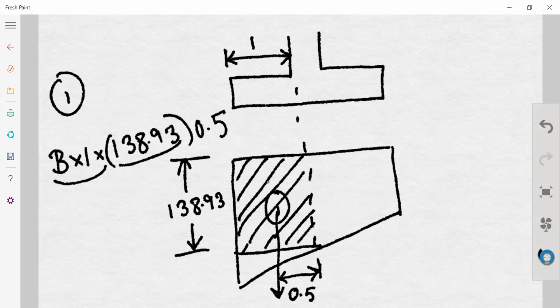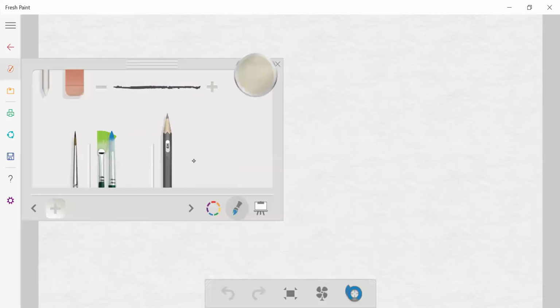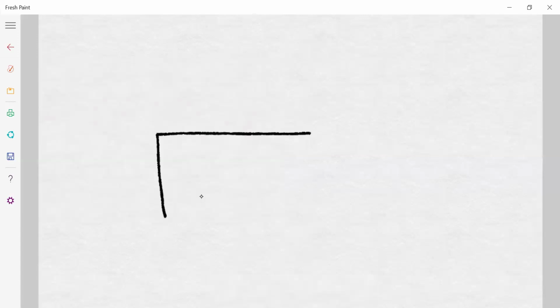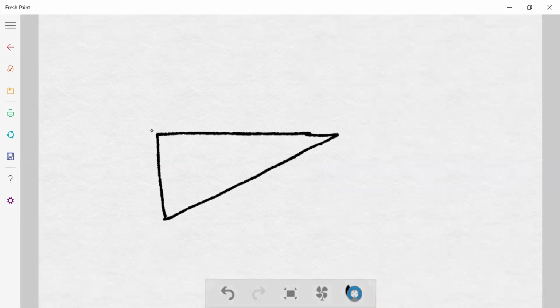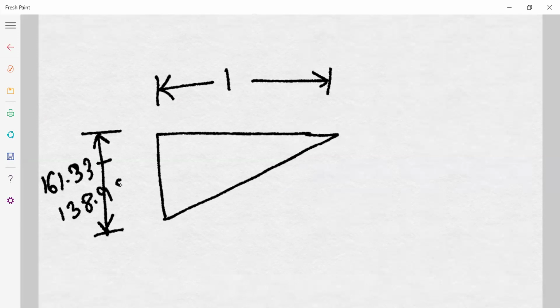Now what happens for the area 2? If I draw it here, just I'm drawing the area 2 only. So this one is 1. This one is now how much? 161.33 minus 138.93.